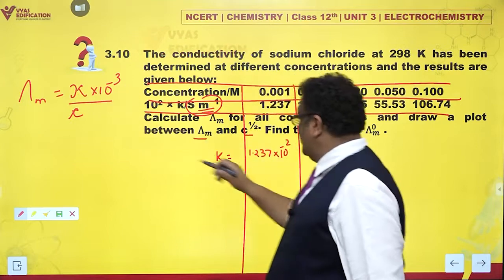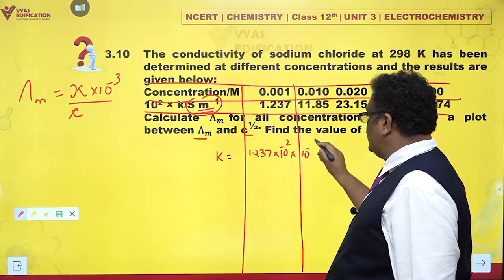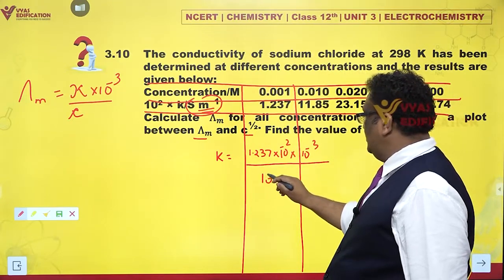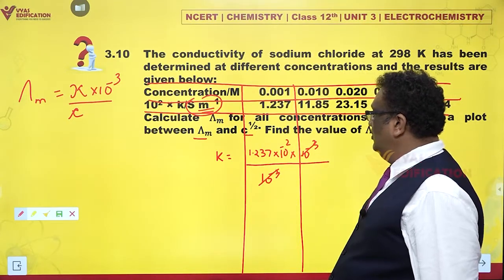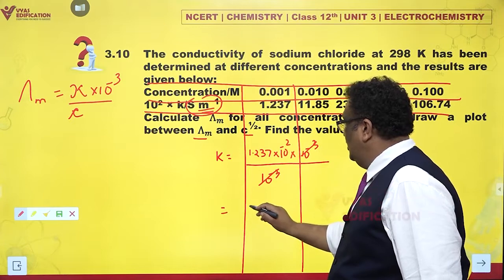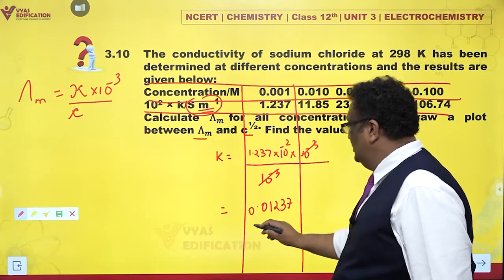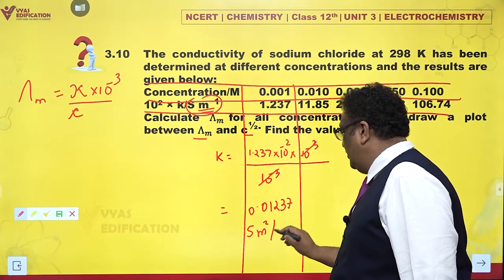That multiplied by 10 raised to minus 3, divided by the concentration, which is 10 raised to minus 3. That cancels out. So I get 0.01237 Siemens meter square per mole.